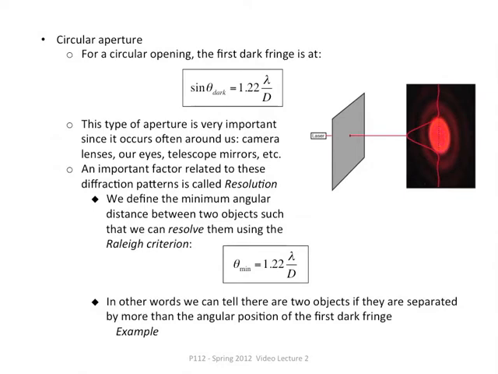We also looked at an example of combining diffraction in the single slit along with the double slit interference. We talked about the width of the central fringe in that, and we talked about this circular aperture.